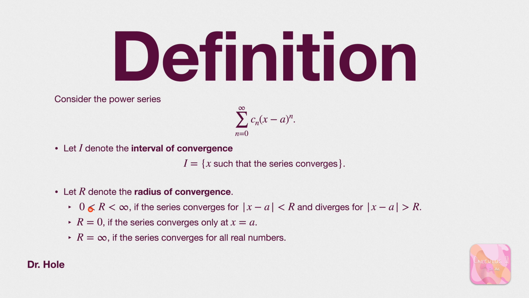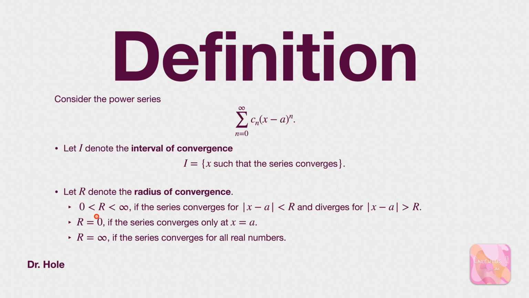So for that case, R was some positive finite value, and we get a bounded interval of convergence. We can only stray from the center an amount R. If we stray less than R away, we have convergence. But if we stray more than R away from the center, we'll have divergence.